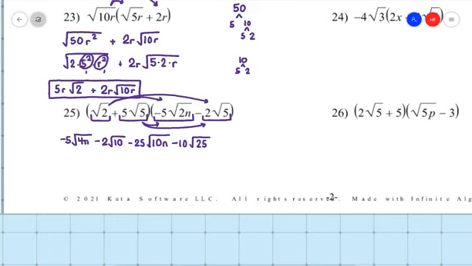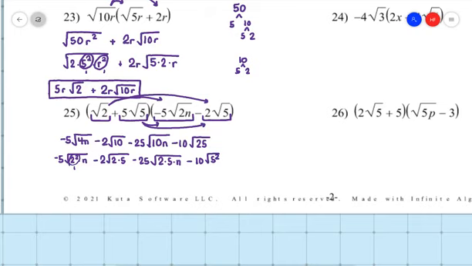So now we're at the step where we can start simplifying. So negative 5 square root of 2 squared times n, minus 2 square root of 2 times 5, minus 25 square root of 2 times 5 times n, minus 10 square root of 5 squared. 2 squared will come out with no remainders. n doesn't have a power of 2 or greater. 2 doesn't have a power of 2 or greater. 5 doesn't have a power of 2 or greater.